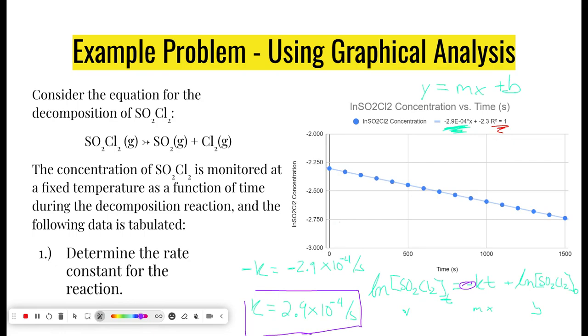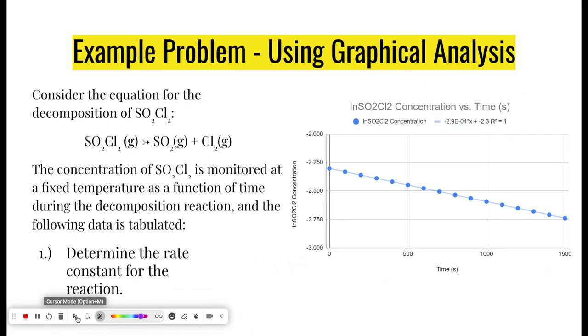Instead, you would just go right into looking at your graph because you have a line of best fit now. And since you have the line of best fit, it's easy to just look at the slope and see what your rate constant is, because your rate constant is in fact the slope. Just be aware of those negative signs with respect to the equations. Okay, so let's continue on now.